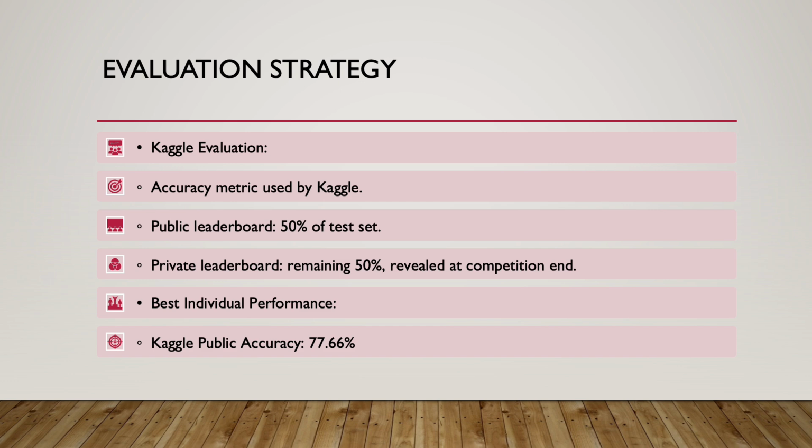This setup encourages generalizable solutions rather than leaderboard overfitting. The best individual evolved through my genetic programming achieved a Kaggle public accuracy of 76.66%, demonstrating strong generalization and competitive performance.